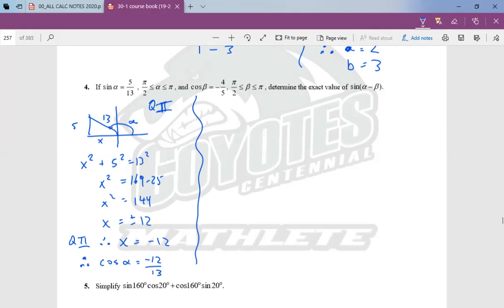Next part, let's use cos beta is -4/5. We are also working in quadrant 2 because beta is between pi halves and pi. When I sketch this, -4/5. Cosine is adjacent over hypotenuse. It's your x over your r. And if this is 5 for your hypotenuse, this is -4.